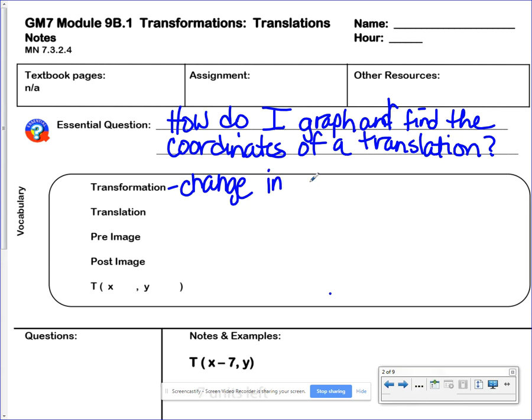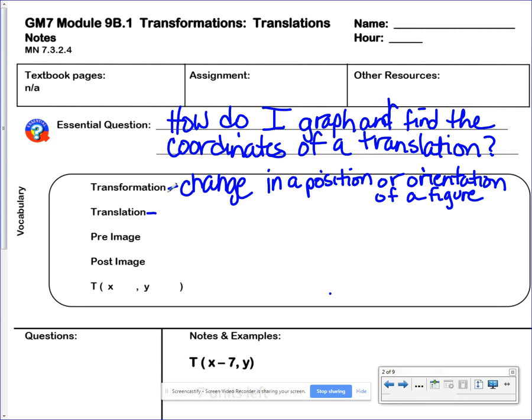So it is described as a change in position, or it could be a change in the orientation, meaning is it facing the same way, say of a figure. We could also talk about a point as well, although the orientation thing wouldn't really apply there.